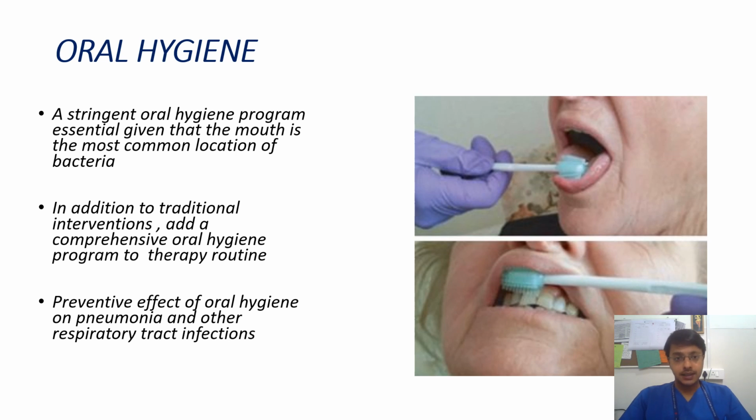Last but not the least, oral hygiene is very vital to our plan. We should add a comprehensive oral hygiene program to our therapy routine because the preventive effect of oral hygiene on pneumonia and other respiratory infections is very vital for our patient rehabilitation.